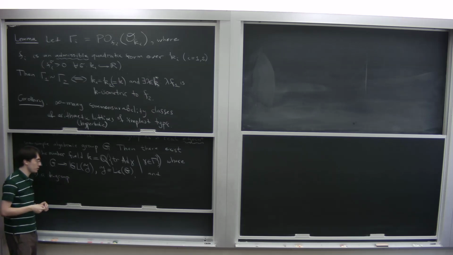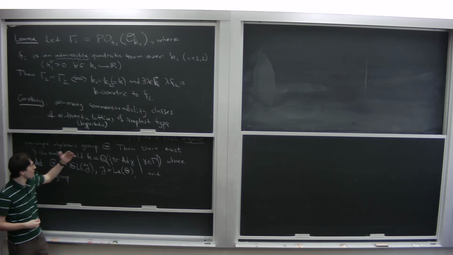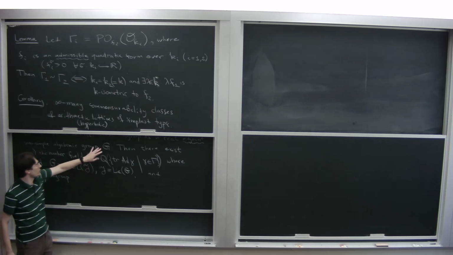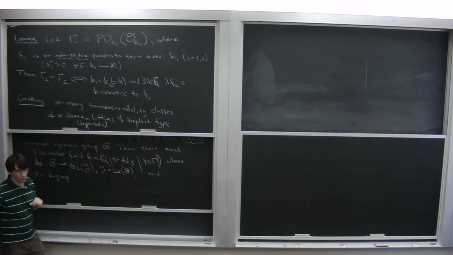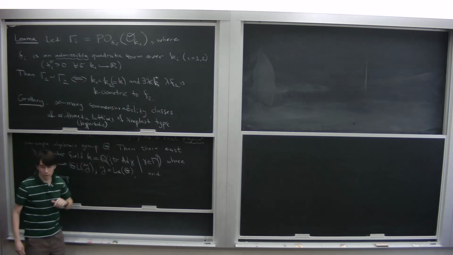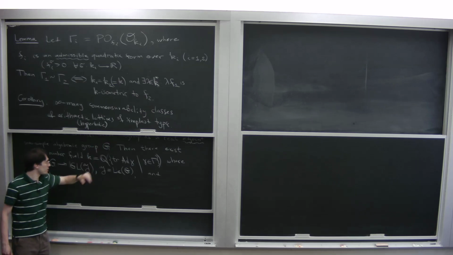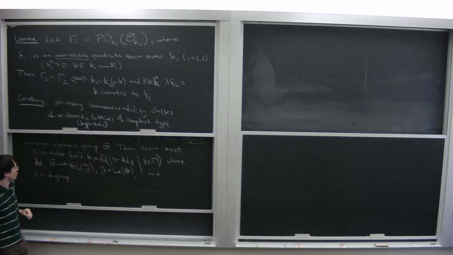Technically speaking, one basically says that there exists a basis such that this group can be defined over K, such that gamma sits in, but I will do it that way.